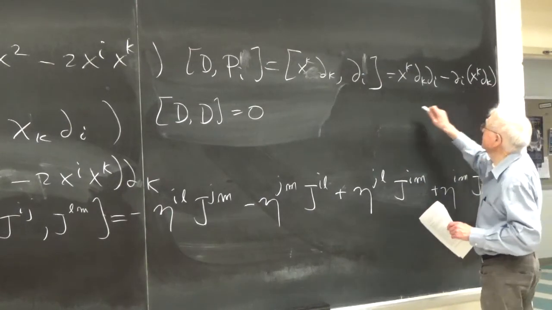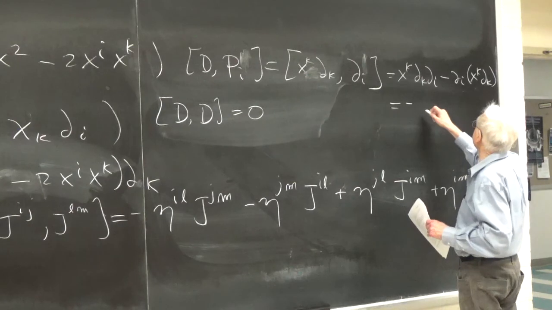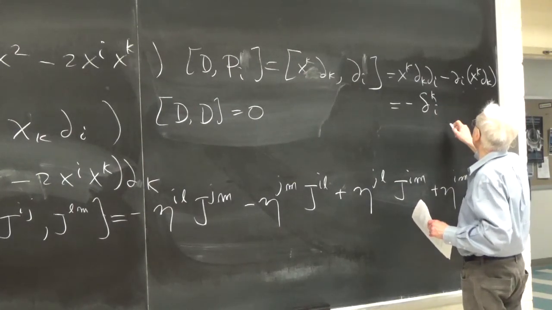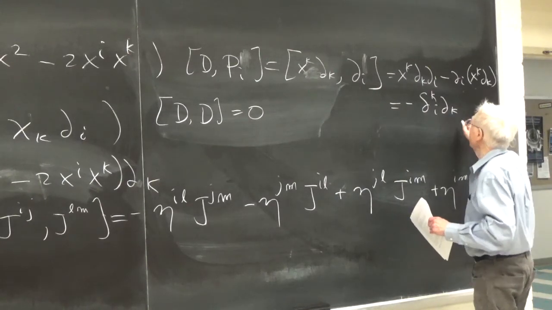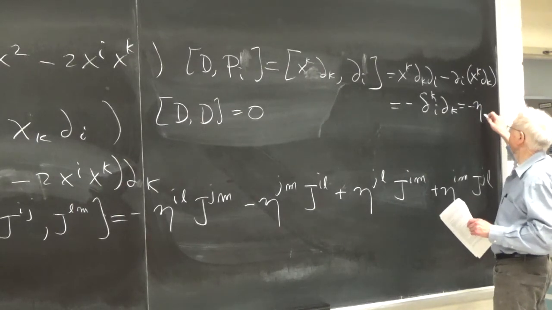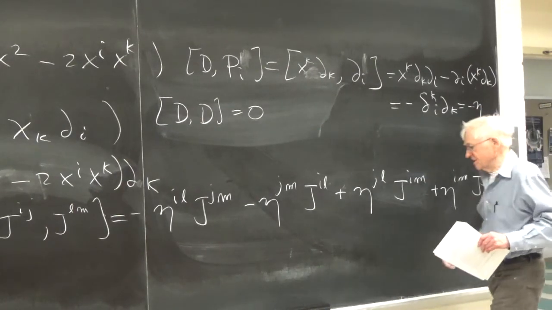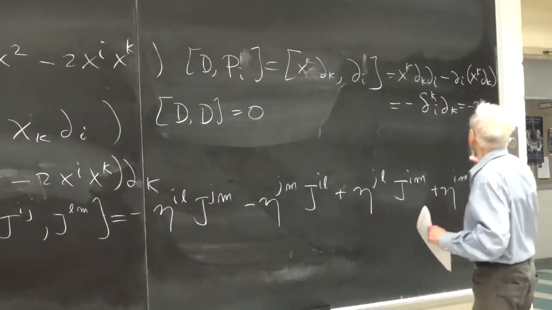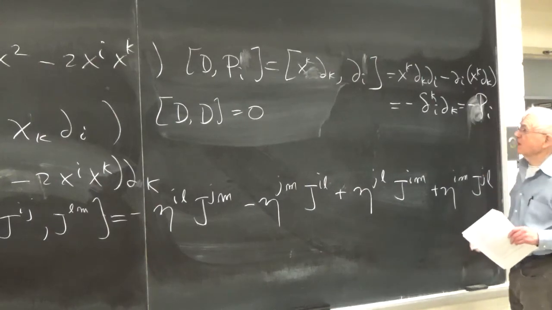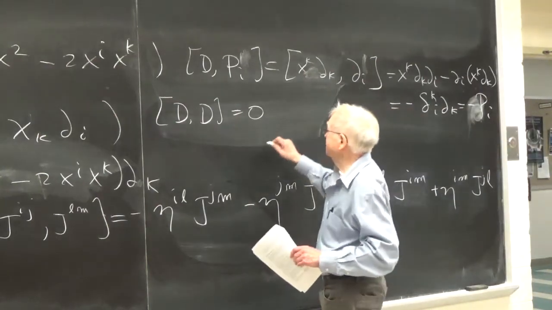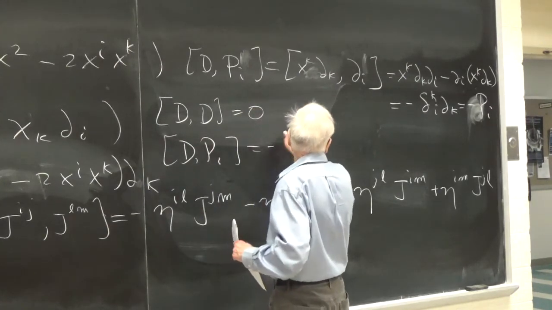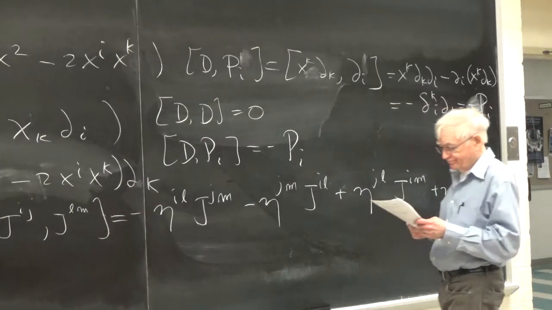And so the extra term is minus delta_ki d_k, which is to say minus eta, well, all right, we can just say minus P lower k. So minus P lower I. So what we have is [D, P_i] is minus P_i.